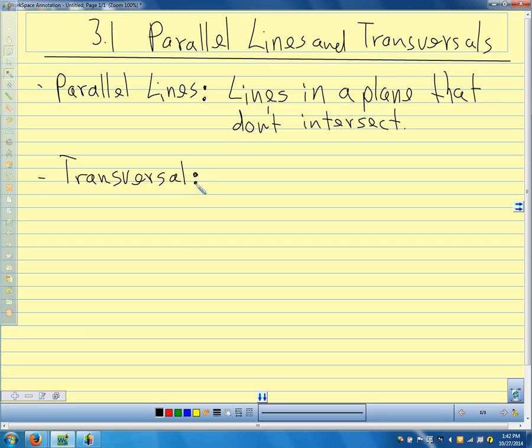So let's talk about what we mean by a transversal. A transversal, in a plane, is a line, ray, or segment that intersects two other lines, rays, or segments. At least two others.